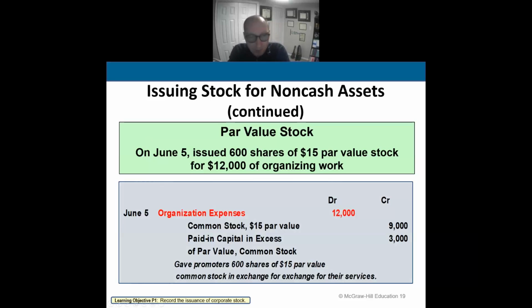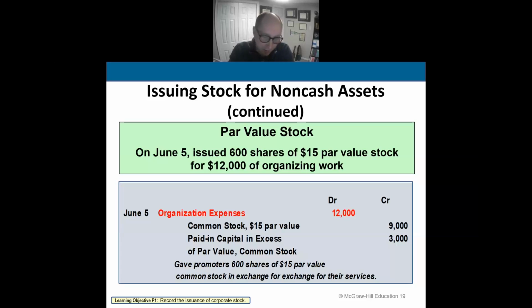Here's another example. This is probably a little bit more common with smaller businesses as well. Let's say we had some expenses to get the business up and running. And oh, this is a great example.